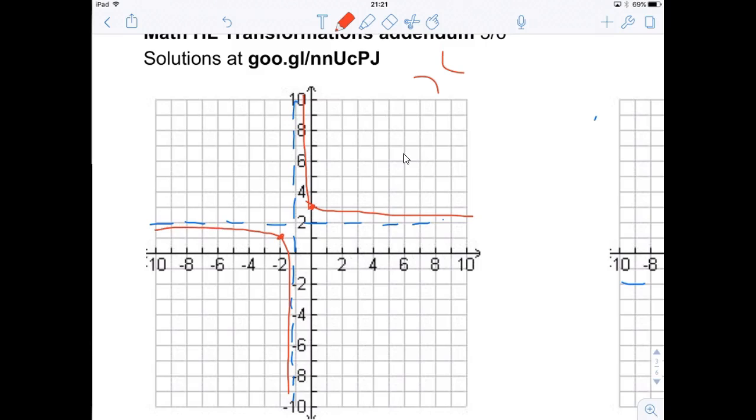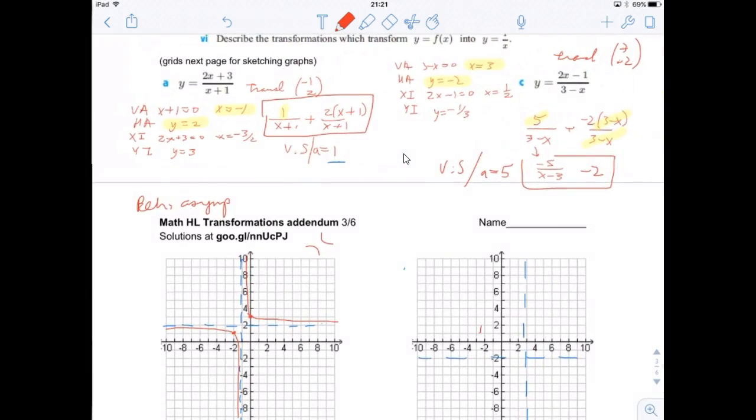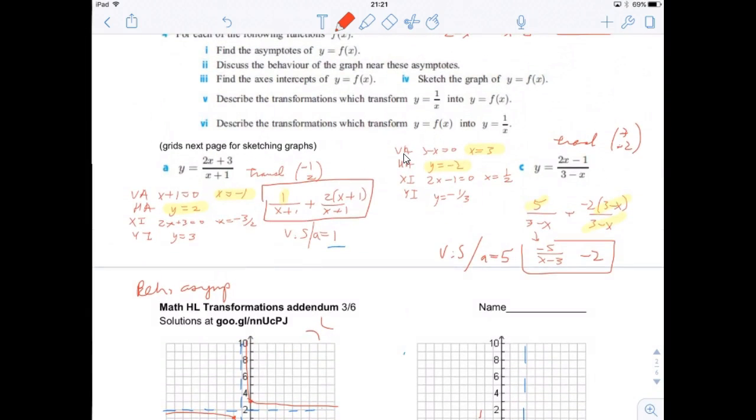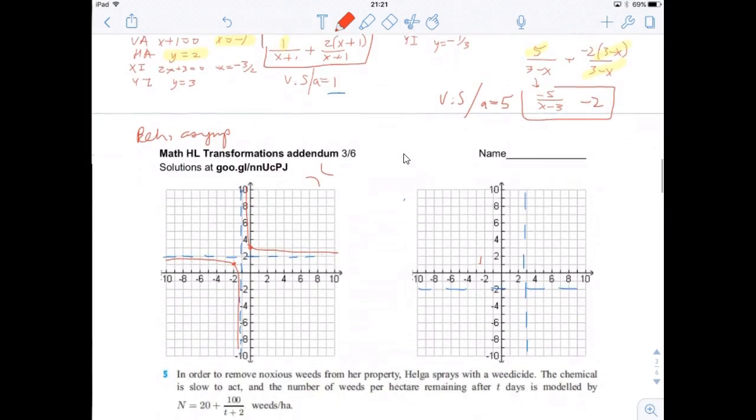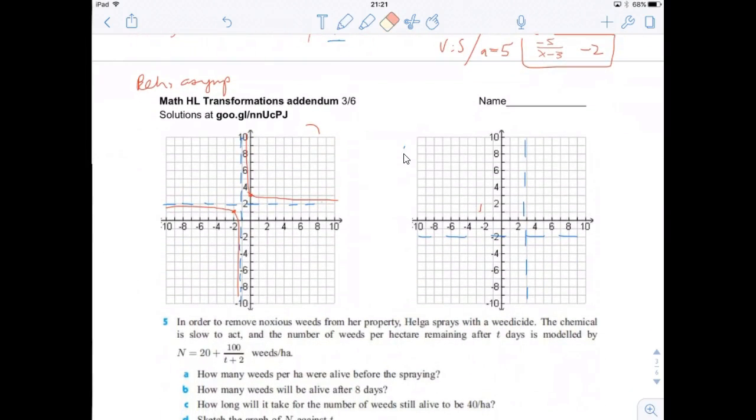And then one thing it asks us to describe the behavior of the graph near the asymptotes. So it's a lot easier to do that once you sketch the graph. So let's see. When x goes to positive infinity, what happens with the graph?